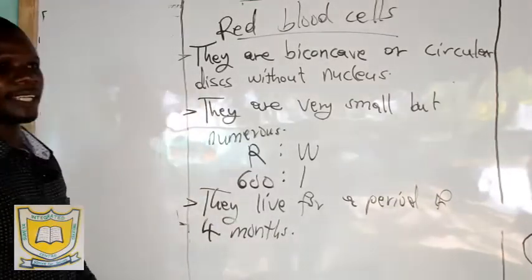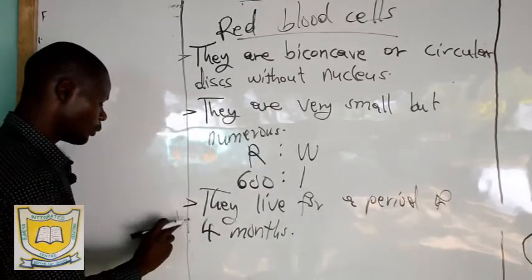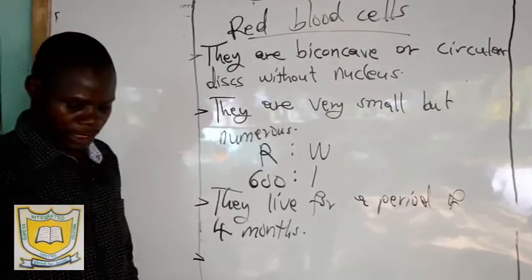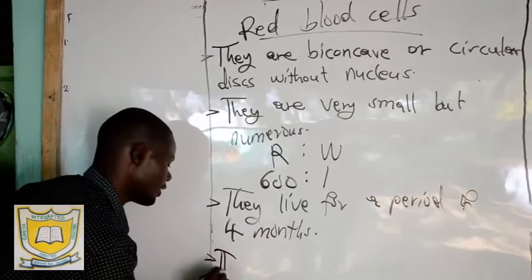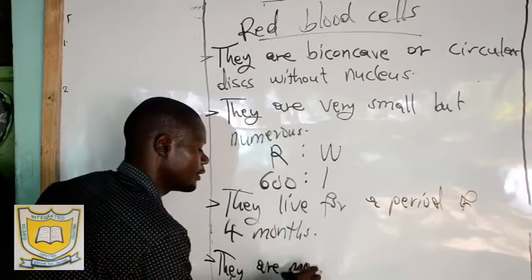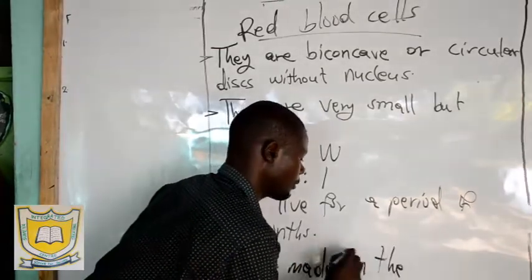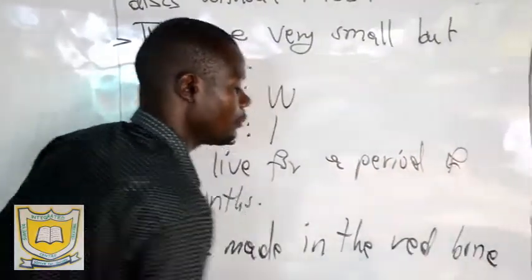After 4 months, they are done, and new red blood cells will develop in the body. We also have, they are made in the red bone marrow.